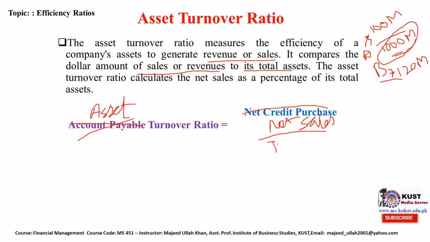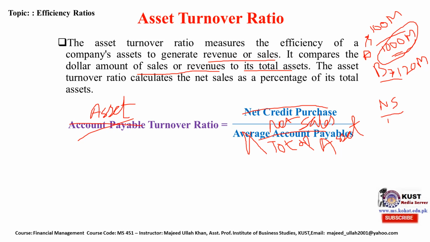This is the formula. Asset turnover ratio is equal to net sales divided by total assets of the firm.